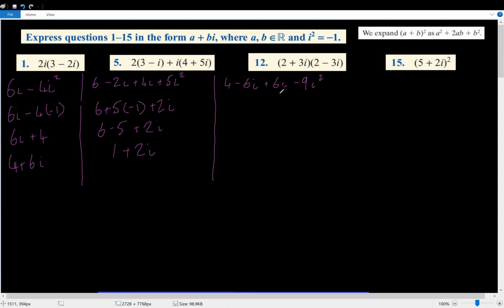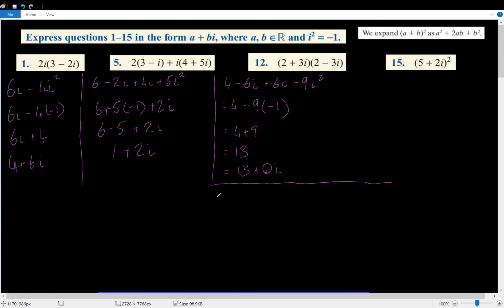Well, minus 6i plus 6i is 0, so we're just going to get 4 minus 9 times, and then i squared is equal to minus 1. So we just get 4 plus 9, which is equal to 13. But they wanted this in the form of a plus bi. So this is going to be equal to 13 plus 0i, like that.